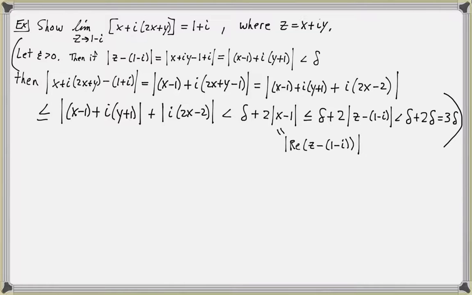So now the more formal proof. For epsilon greater than 0, we're going to choose delta equal to epsilon divided by 3.